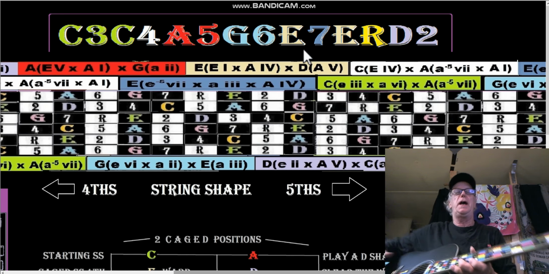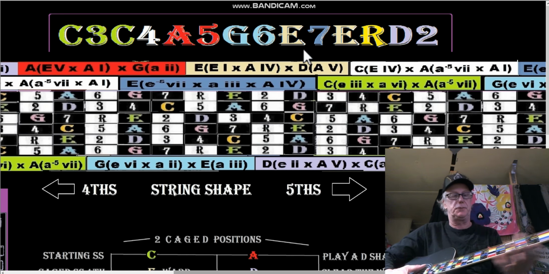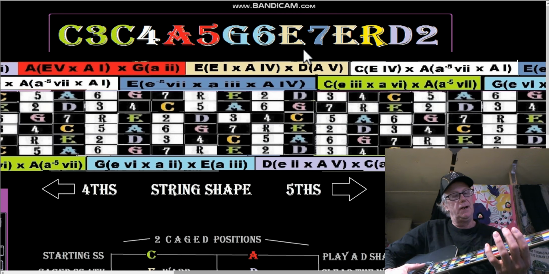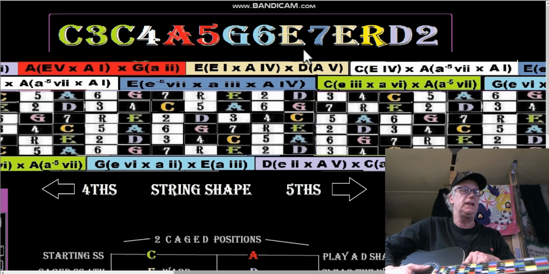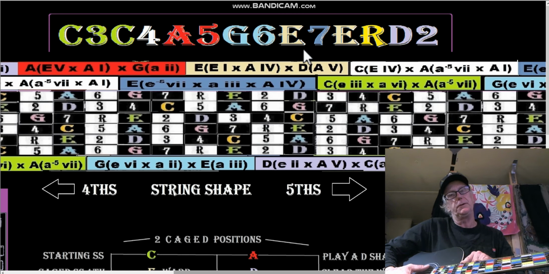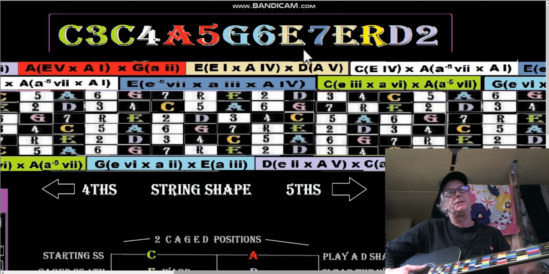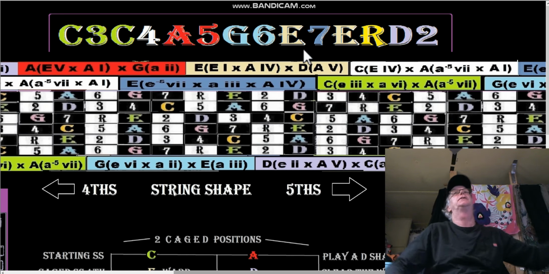So in the normal cage, we don't have the F. Okay, now the F pentatonic's a little hard, and we don't have the E Locrian. Alright? Now there is a Locrian pentatonic, and there is an F pentatonic. That's a separate discussion here.